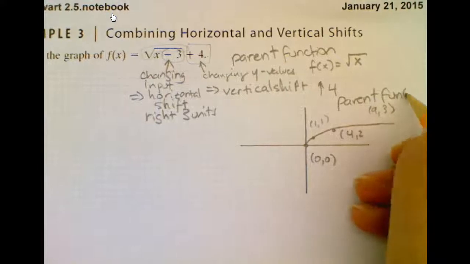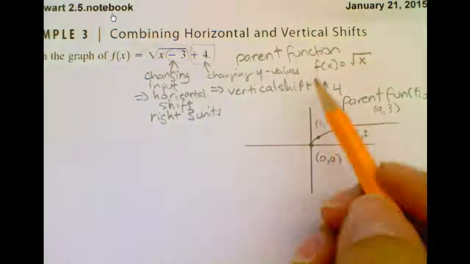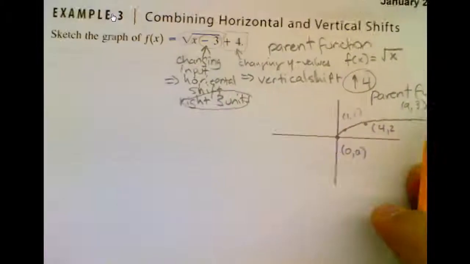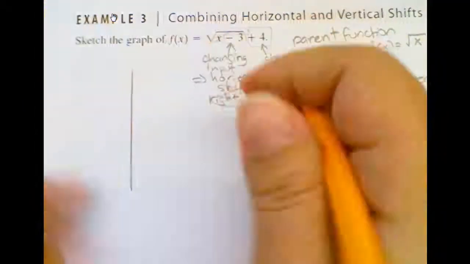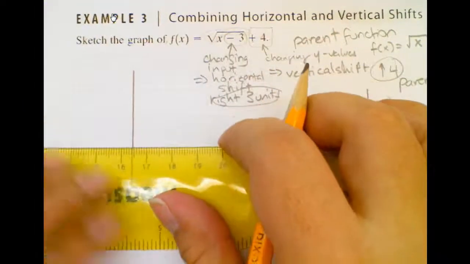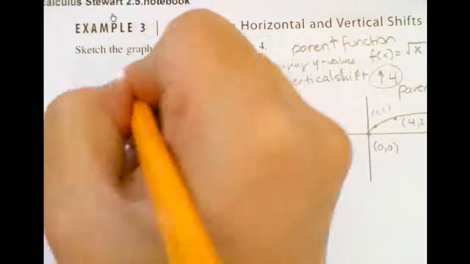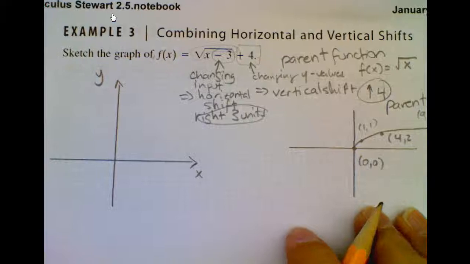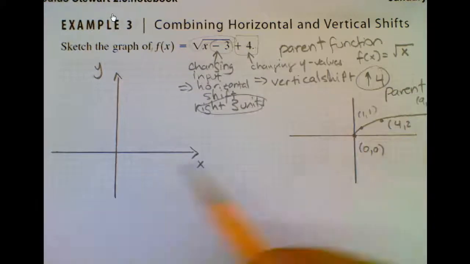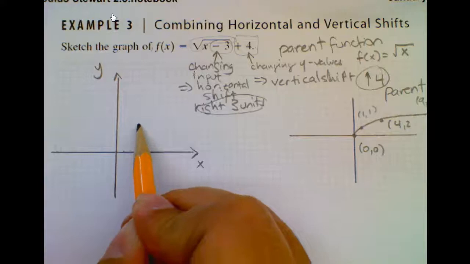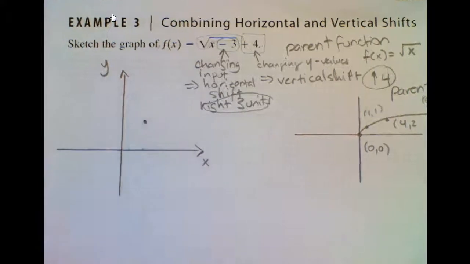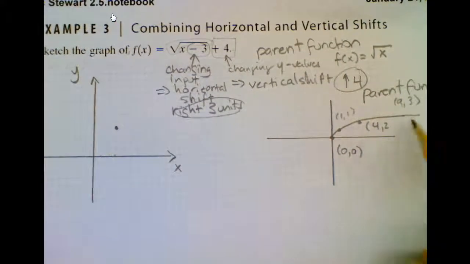So now I'm going to do what I said I would do. I'm going to move up 4 and I'm going to move right 3 at the same time. Now which one is done first, it really doesn't matter. So I'm going to graph my xy coordinates, and then since I'm going to move this point right 3 and up 4, 1, 2, 3, 4, now the graph is going to begin there, but it still is going to keep the same shape and the same distance relative to the other points.